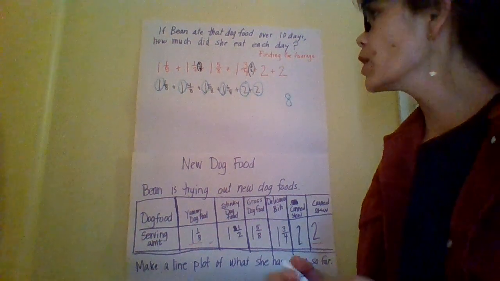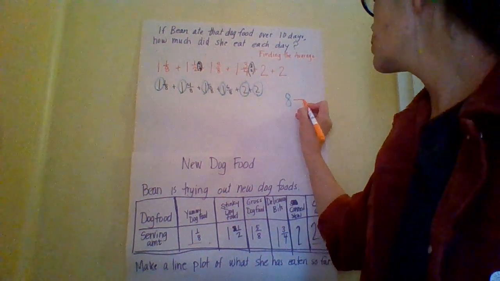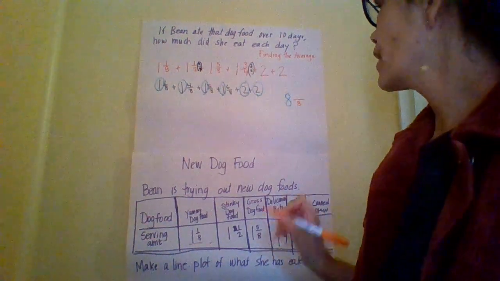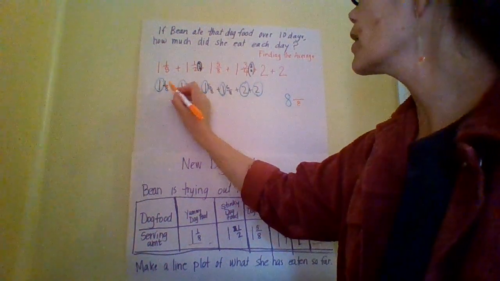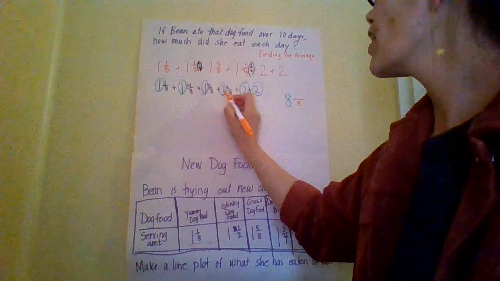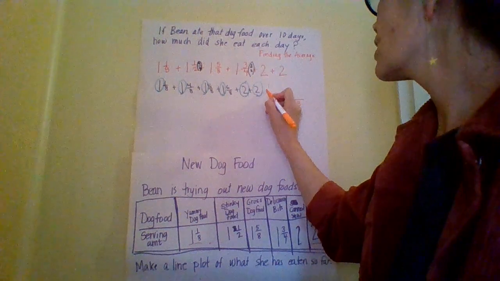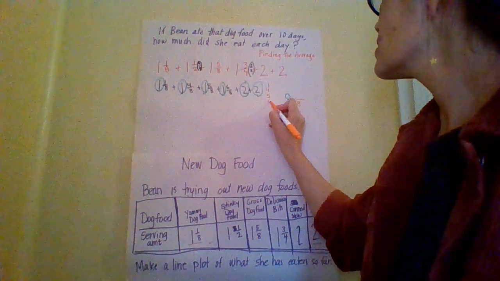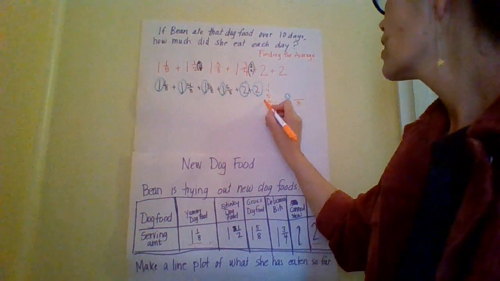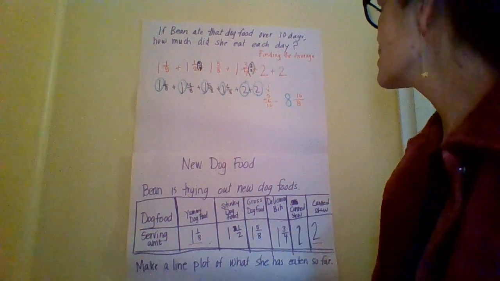And then finally, I'm going to deal with these eighths. I know it's going to be eighths. I'm going to say 1 plus 4 is 5, plus 5 is 10, plus 6 is 16. And I can write that down just like this. And that gives me 16 eighths.